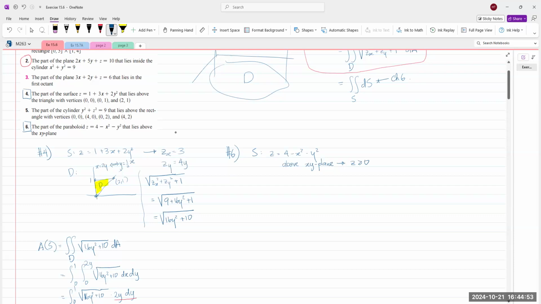To be more precise, actually it's supposed to be greater than 0. We will use that to get our boundary. So if z is greater than or equal to 0, that means 4 is greater than or equal to x squared plus y squared. That gives us this domain D. That's a disk with radius 2 centered at the origin.